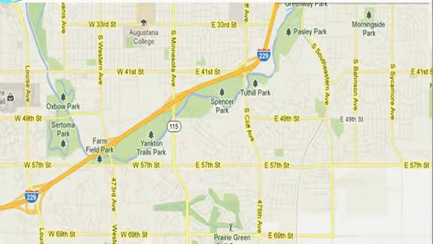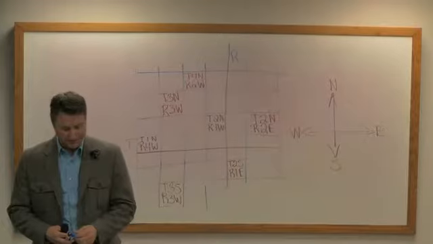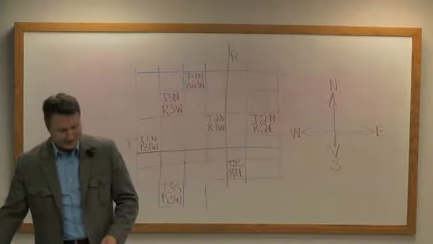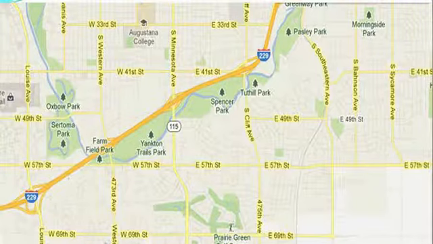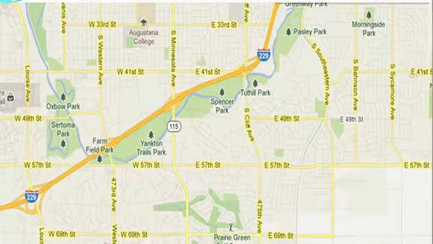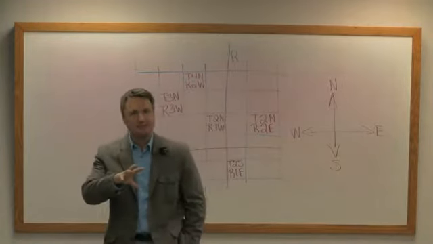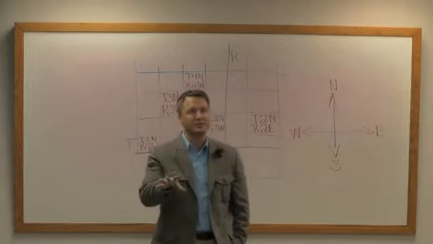Sections are the next portion, and this also can be an area where we have some confusion. If you read the book, there's 36 sections in a township, 640 acres, because it's 1 mile by 1 mile. There are two different things you would see with sections.